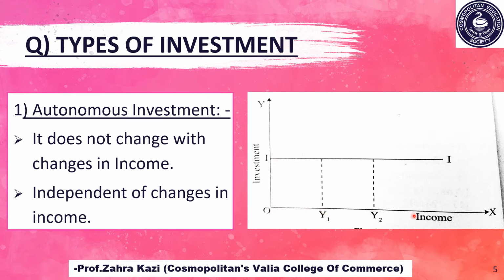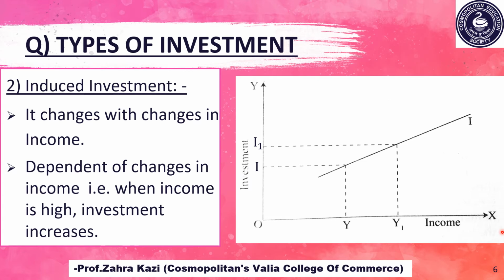Now, when the income increases from OY1 to OY2, the level of investment still remains the same. Can you see this horizontal line II? It clearly shows that even though the income increases from OY1 to OY2, the level of investment remains the same, that is OI. This shows autonomous investment.